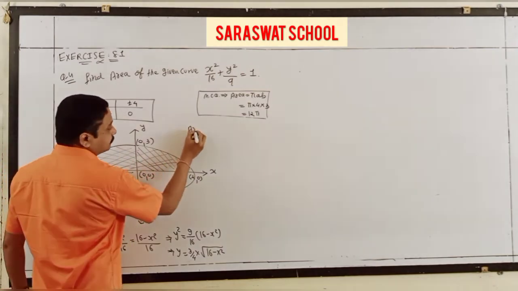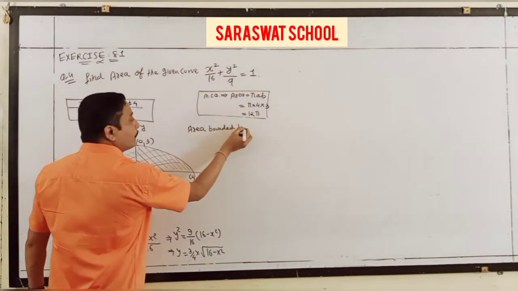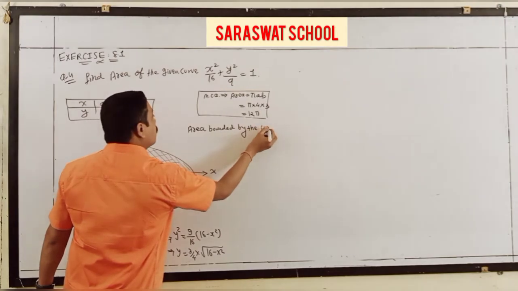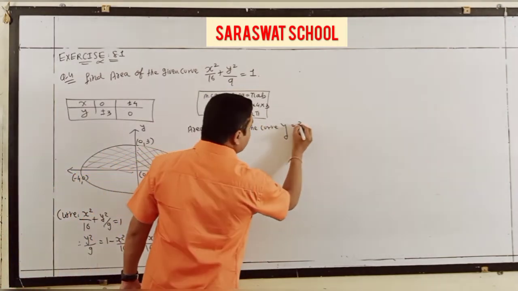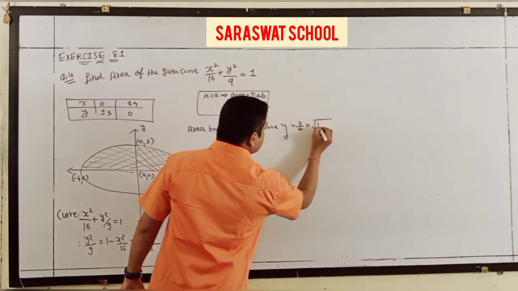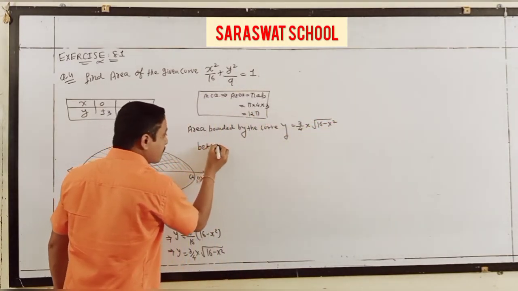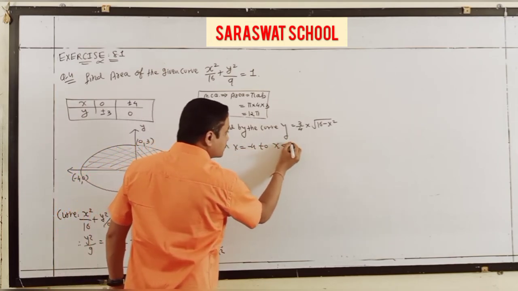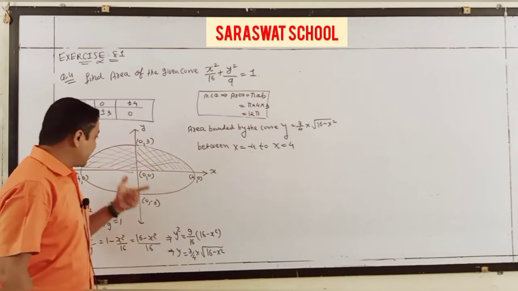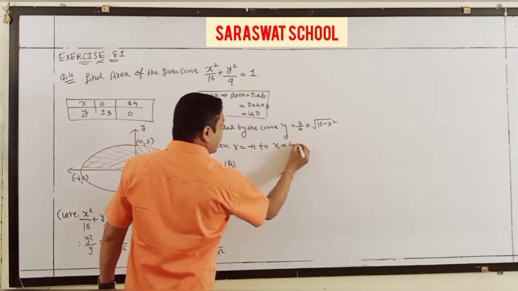So the area bounded by this curve, y is equal to 3 by 4 root of 16 minus x square, between x equal to -4 to x equal to 4, that I create, it is A1 on the x axis here.